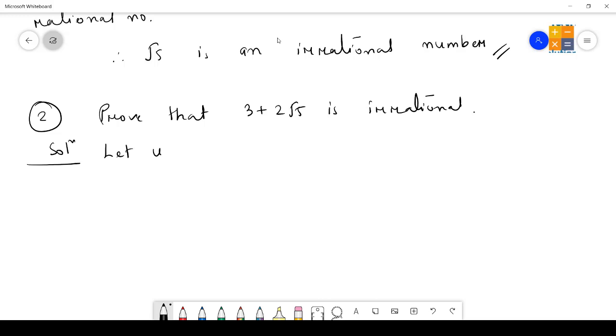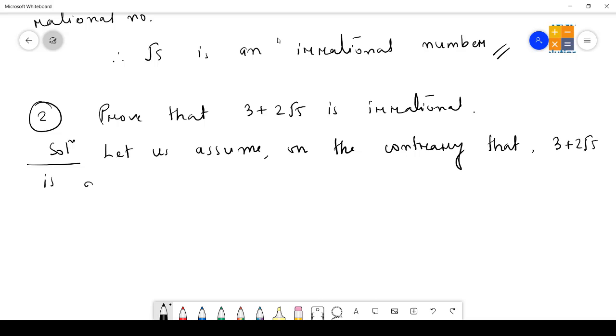Let us assume, on the contrary, that 3 plus 2 root 5 is a rational number. Yes or no? Like the previous one only, we are doing rational number.